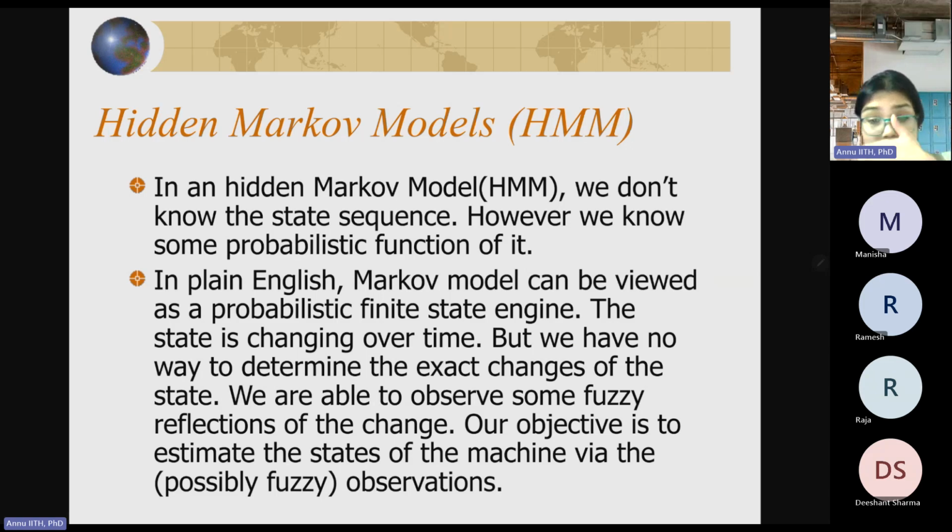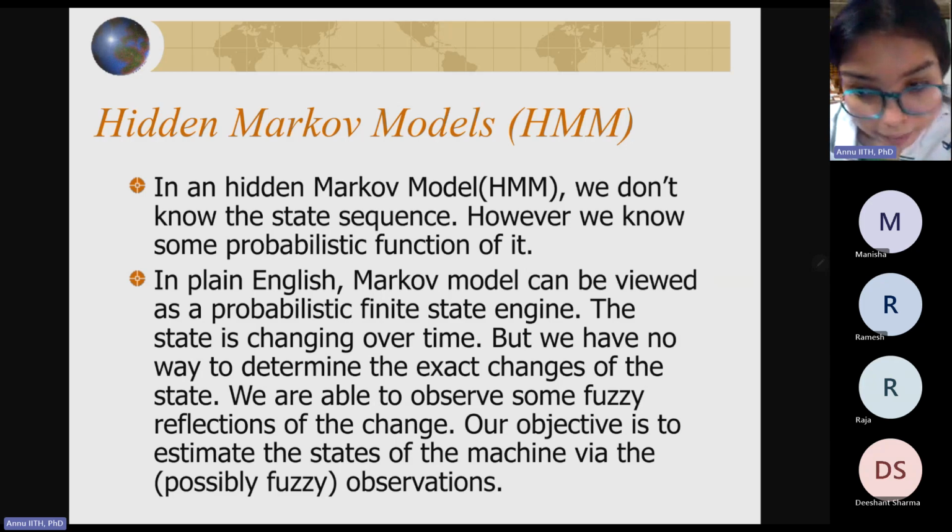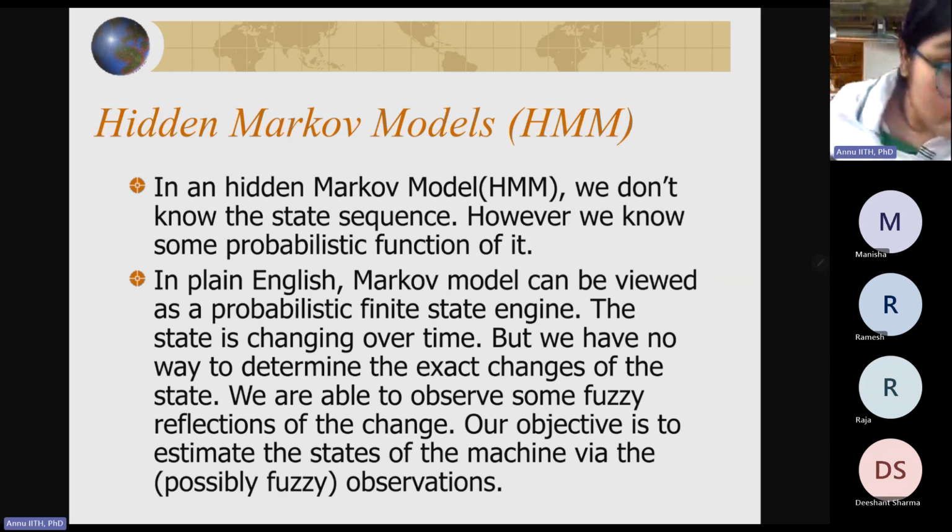There are some fuzzy observations, but there is no actual known state space. Previously, state space meant you have this number of states and these probabilities of going from one state to another.